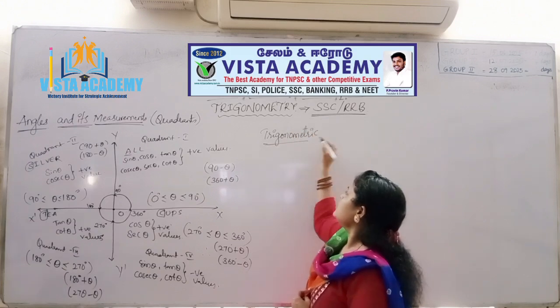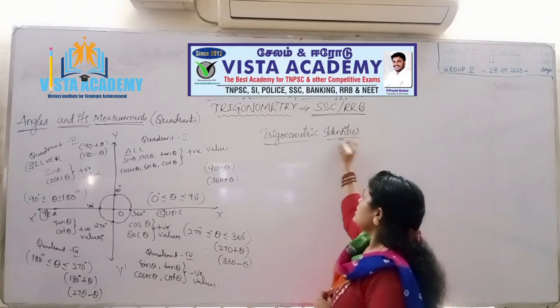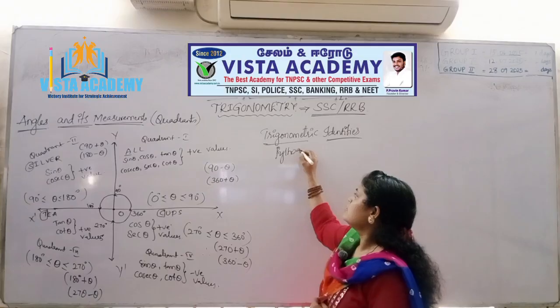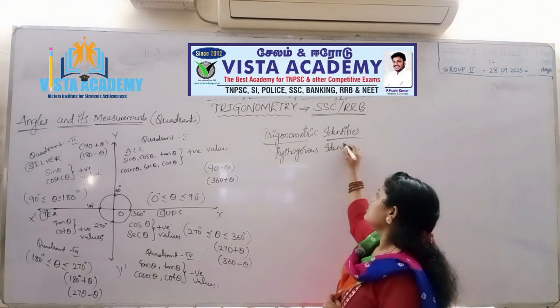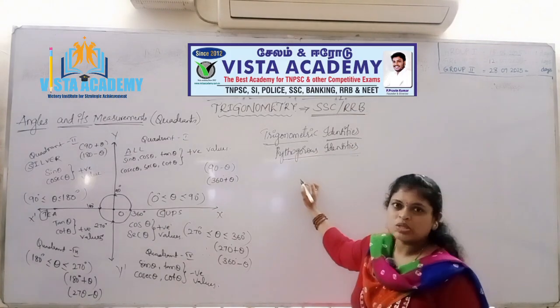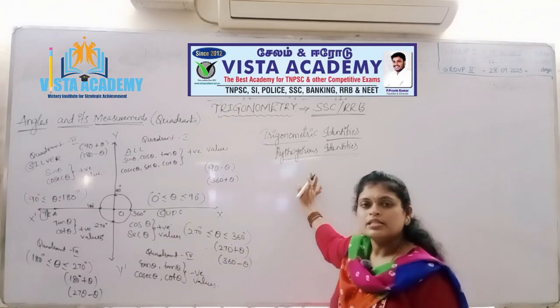Very important trigonometric identities, otherwise also called Pythagoras identities, or the other names are square laws or square identities, because all the values here we are going to consider as square values.